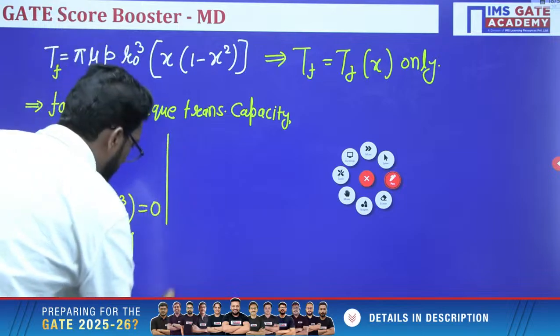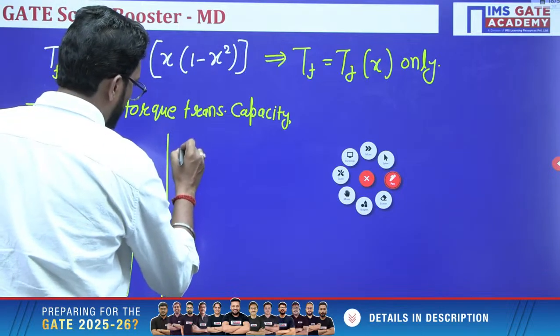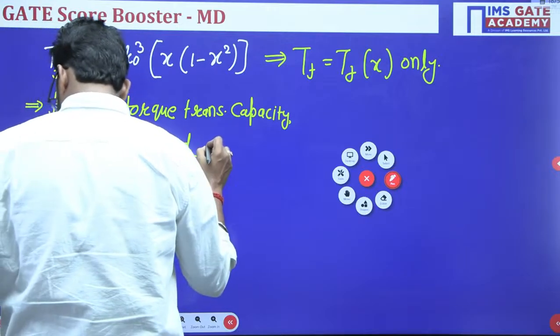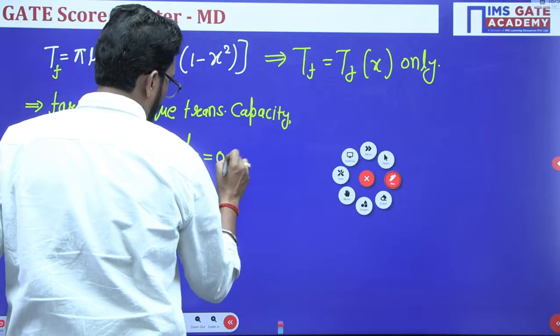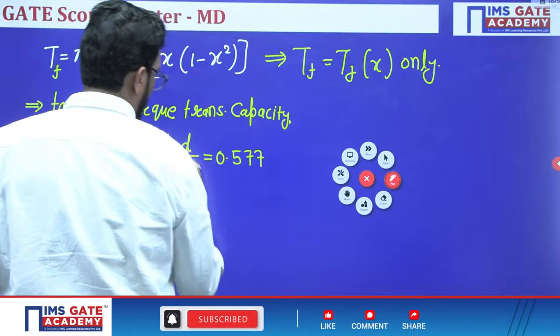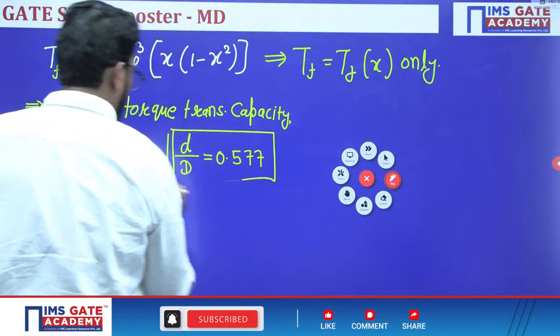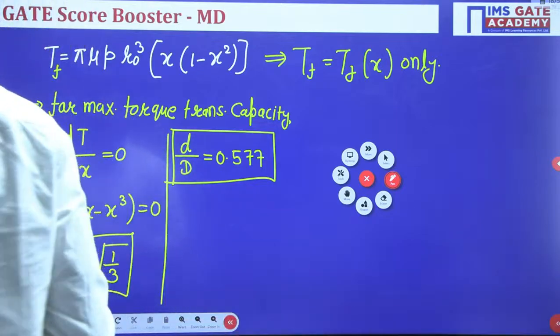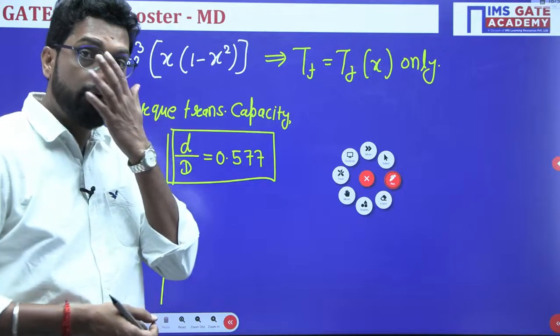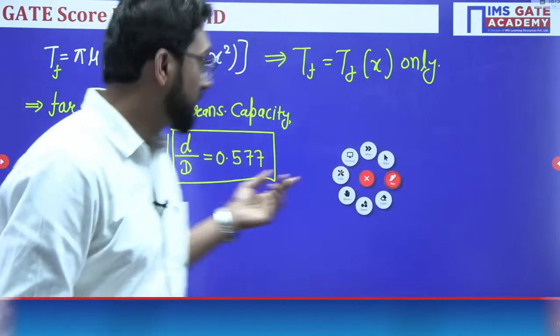Now, my dear, x is what? Small d by capital D you can write, and that is 0.577. This is your d by D ratio. That means inner diameter is equal to 0.577 times the outer diameter, so that the torque transmitted is maximum.